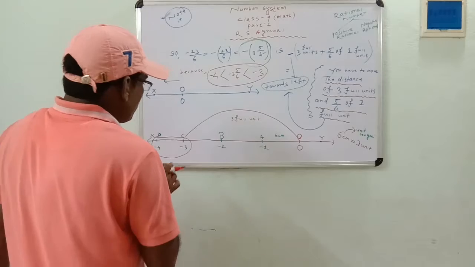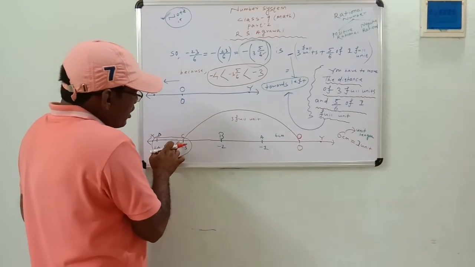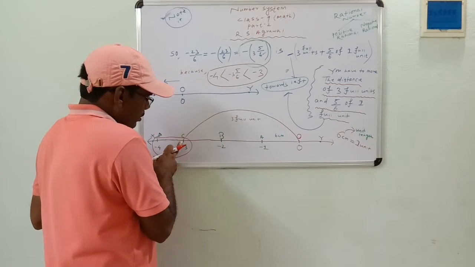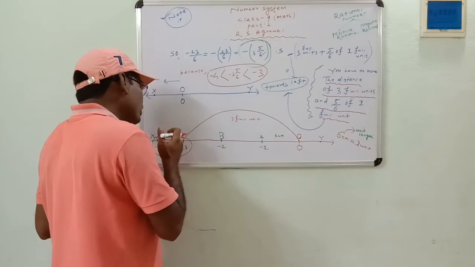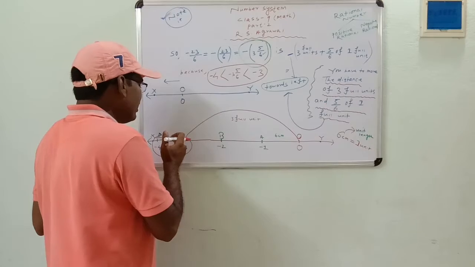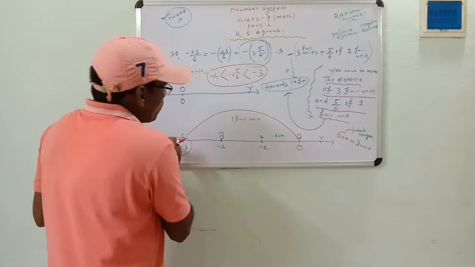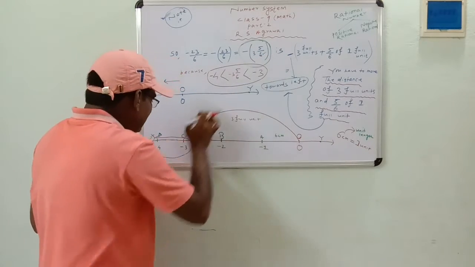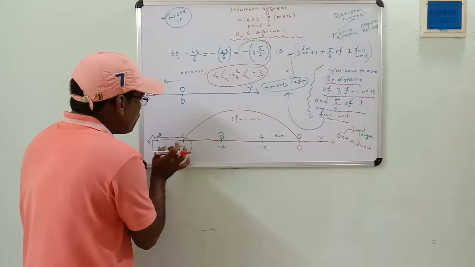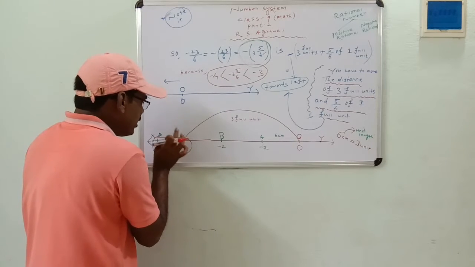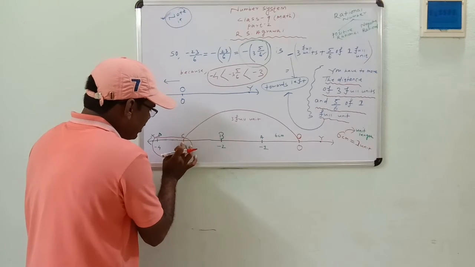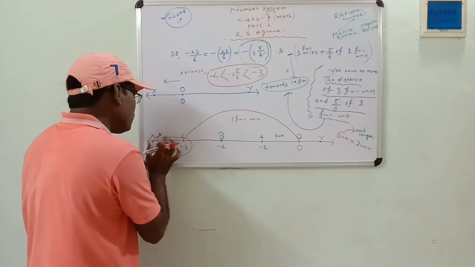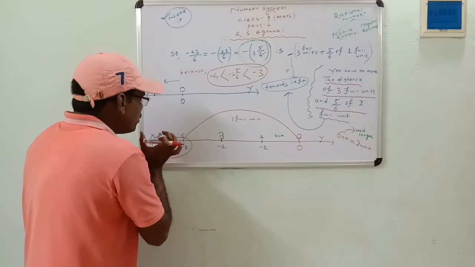And now you reach at point C. Now from point C you have to again cover only 5 by 6 parts of 1 full unit. Yes, from point C to point D, it means from minus 3 to minus 4, it is 1 full unit.